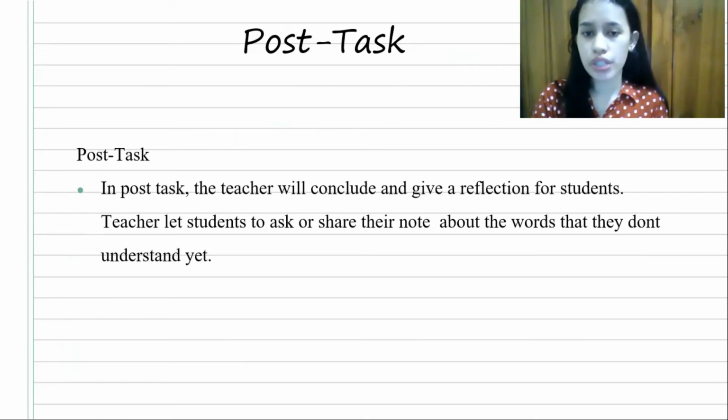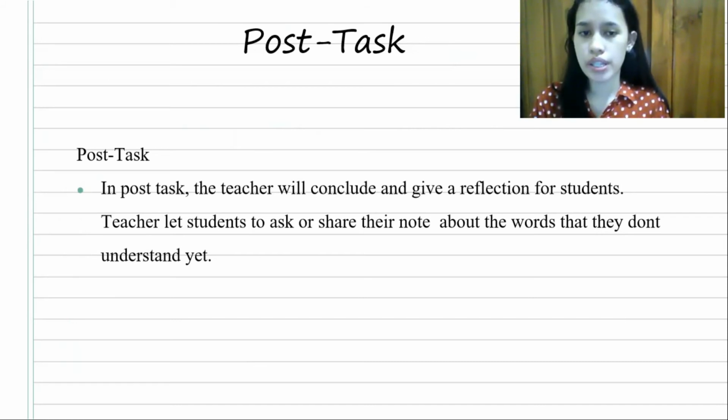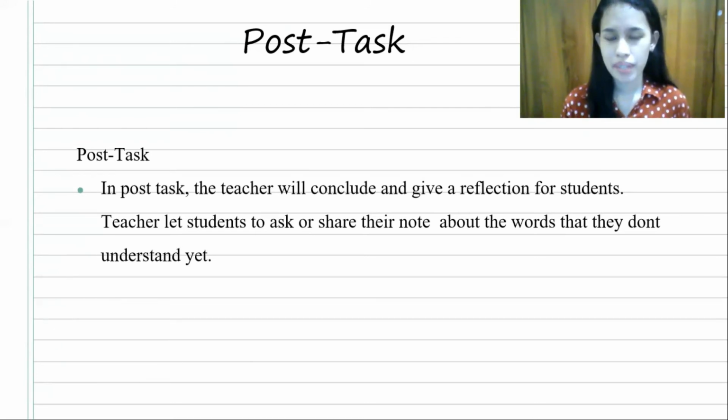Then both students and teacher discuss together and reflect together on the language they have learned in the learning process. So that is all about the step-by-step implementation of the TBL method in the teaching process.